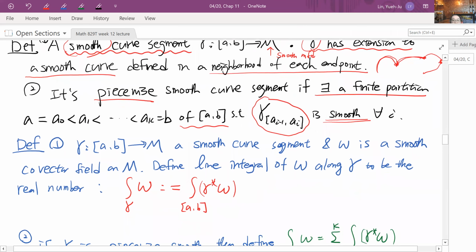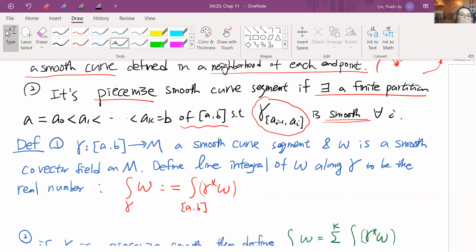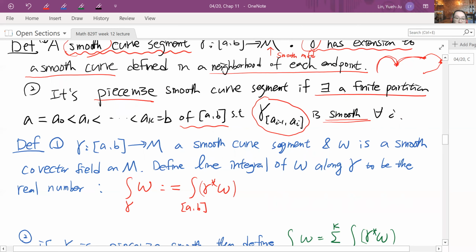Okay, so now we can define the integral of a covector field on the manifold over either a smooth curve or a piecewise smooth one. The definition is the following, and it's quite intuitive.